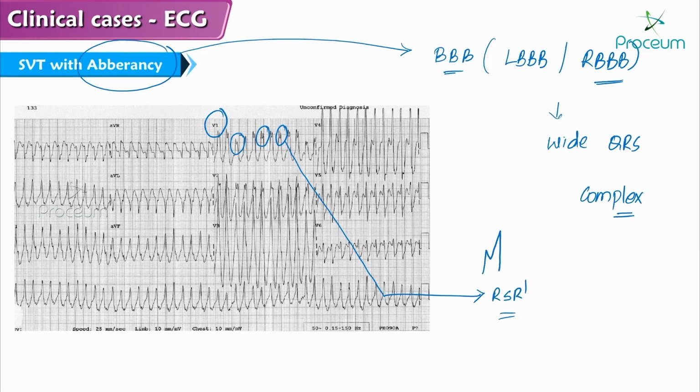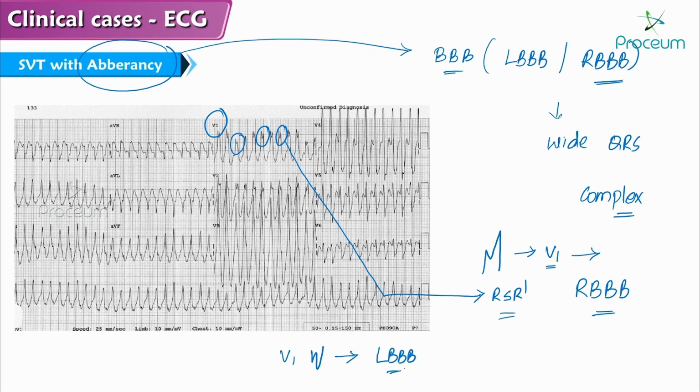The presence of an M-shaped R wave in V1 is suggestive of right bundle branch block pattern. Suppose in V1 you have a W-shaped S wave, then this is suggestive of left bundle branch block pattern.